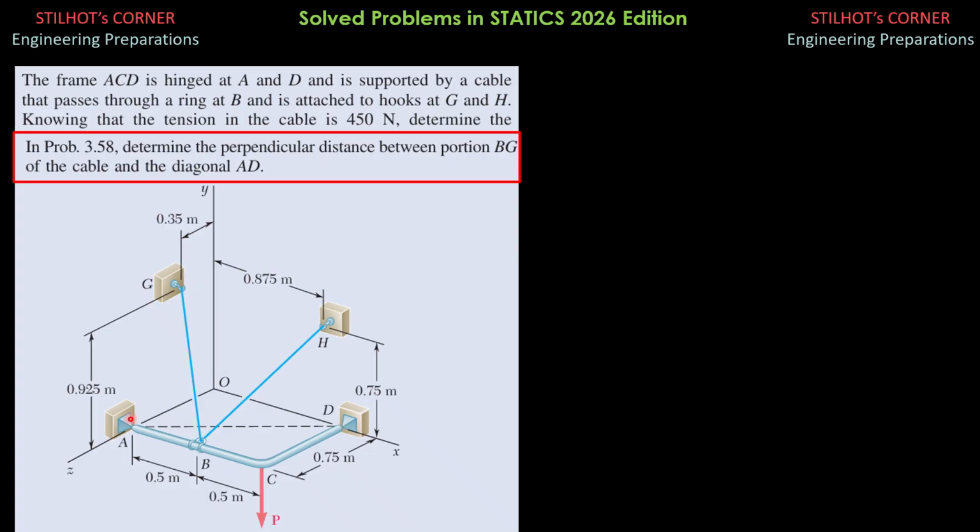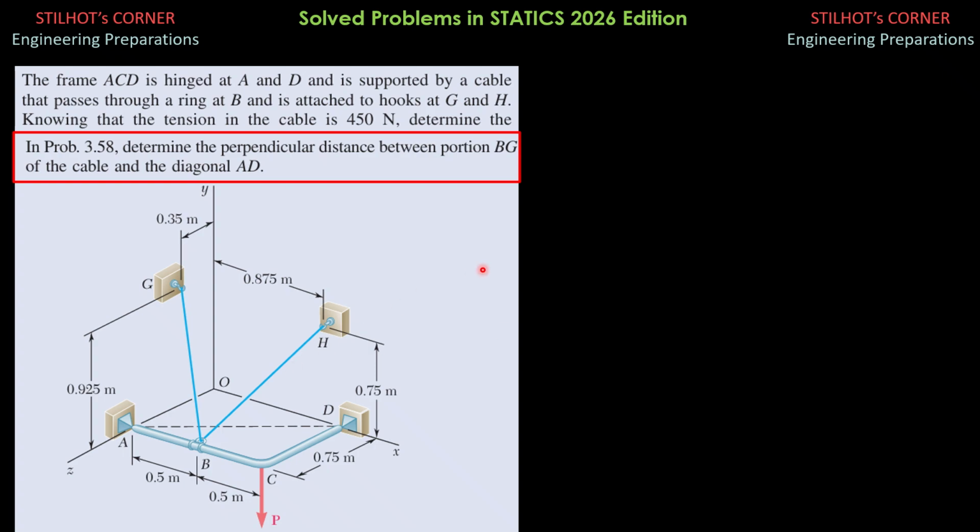So DA, on the other hand, is going to the left by 1, so negative 1 I, then going forward by 0.75, so plus 0.75 K all over square root of 1 square plus 0.75 square, and that is equal to negative 0.8 I, then positive 0.6 K.